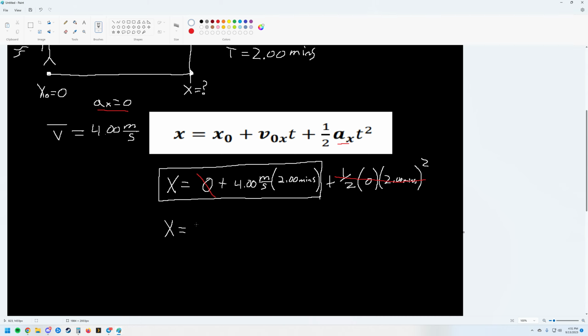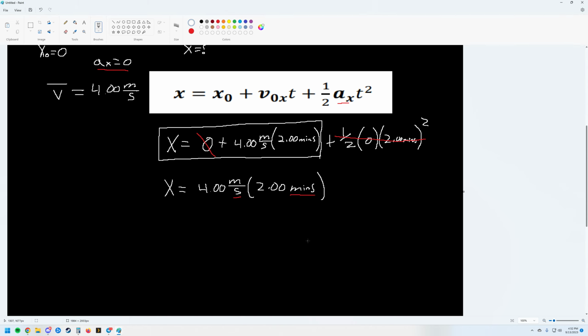We can rewrite it: our final position is going to equal 4.00 meters per second times 2.00 minutes. Now, this is a big red flag. We're trying to multiply meters per second by minutes. It's not going to work, so we're going to convert 2.00 minutes to seconds.